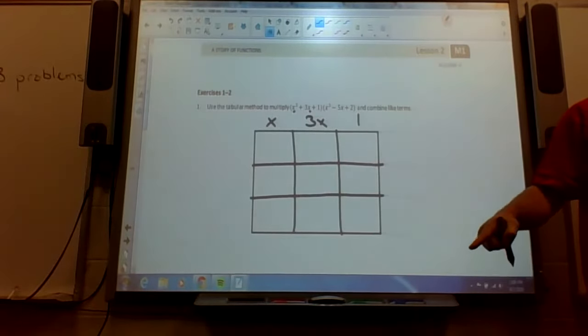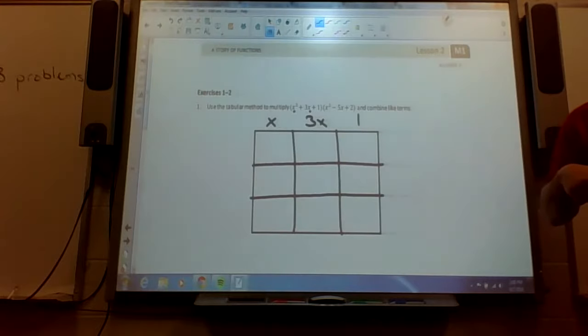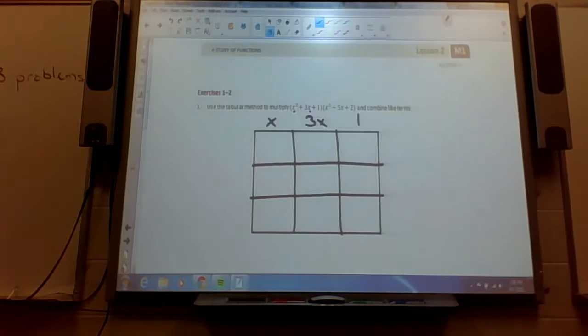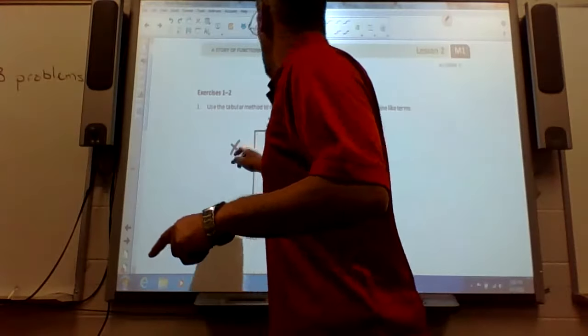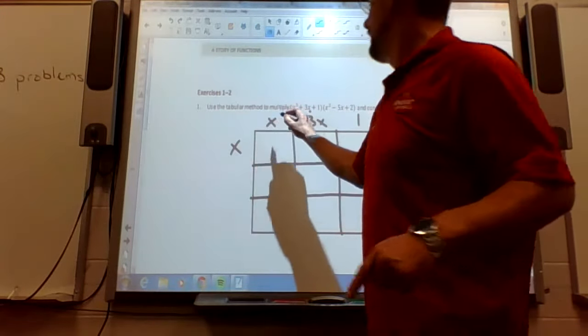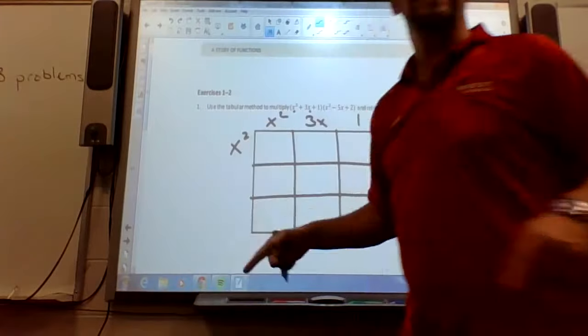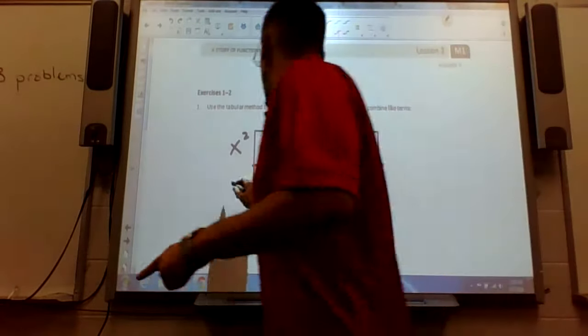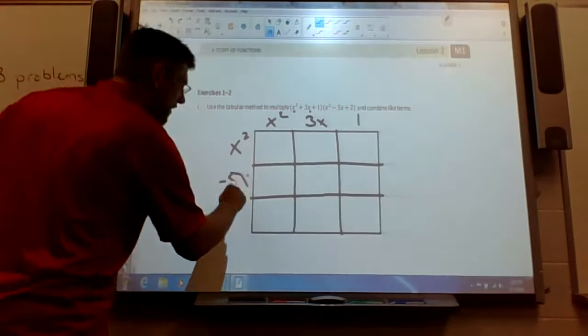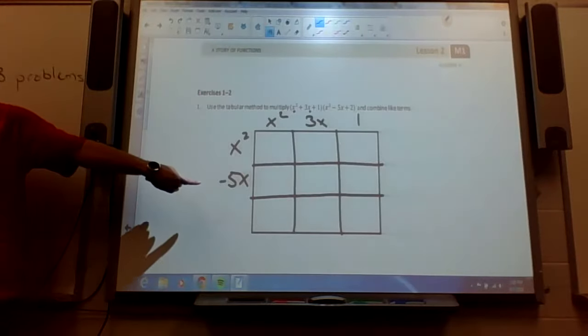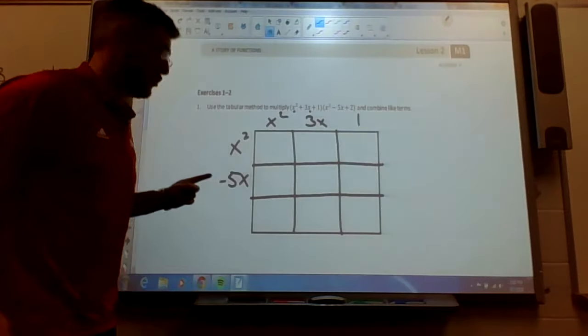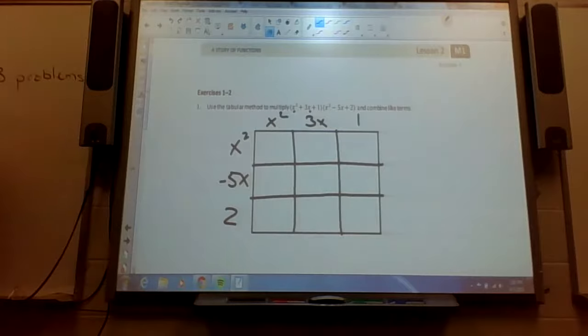Right on the side, what did you put? All right, x squared minus 5x. What did she remember? Negative. The negative, very important, right? And lastly, Leah: due, it's Italian for 2.